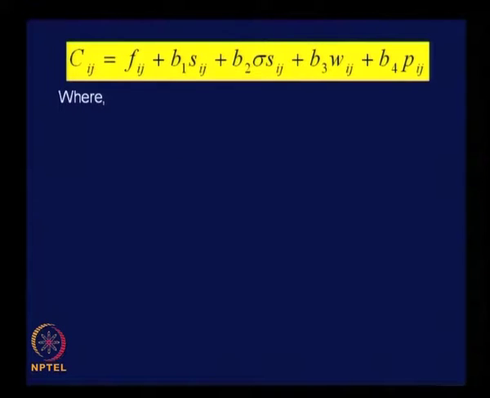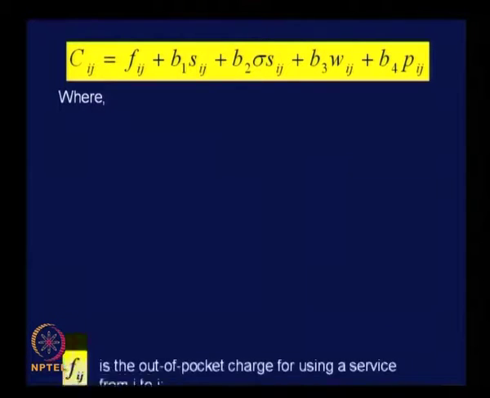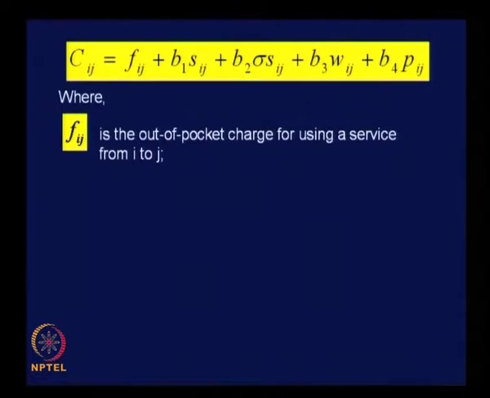Need not worry about too many terms being taken into account, they are very simple and relevant. Fij is the out of pocket charge for using a service from I to J, nothing but the freight charge actually paid at the counter directly, okay.